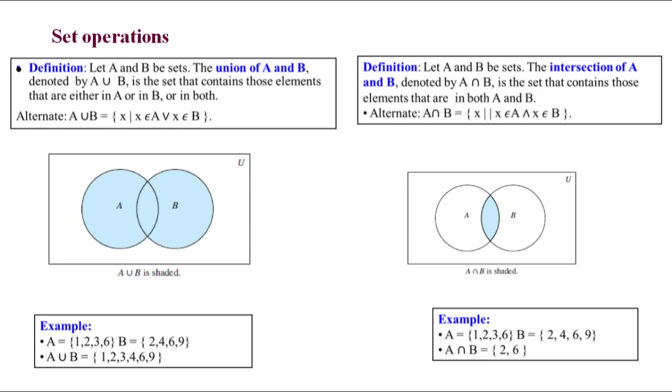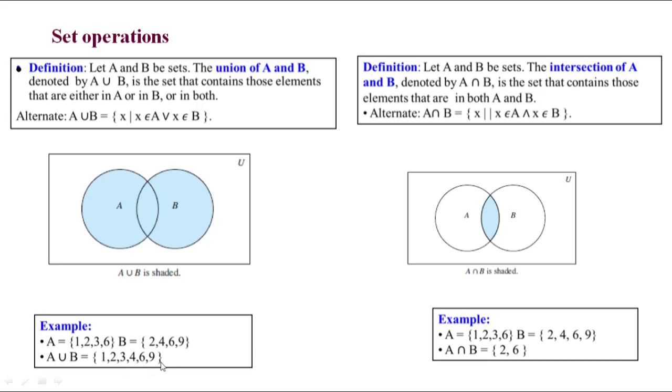Here A ∪ B is shaded totally, the entire two circles along with the joining. Example: A = {1, 2, 3, 6}, B = {2, 4, 6, 9}. A ∪ B = {1, 2, 3, 4, 6, 9}.